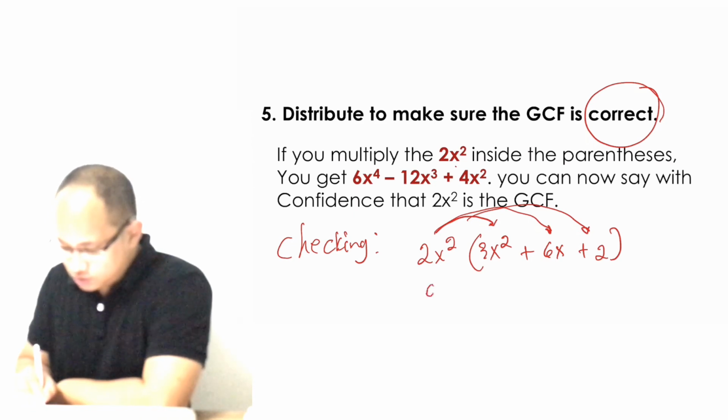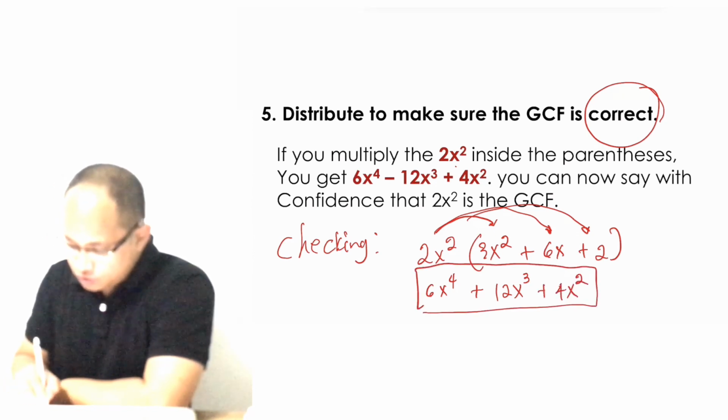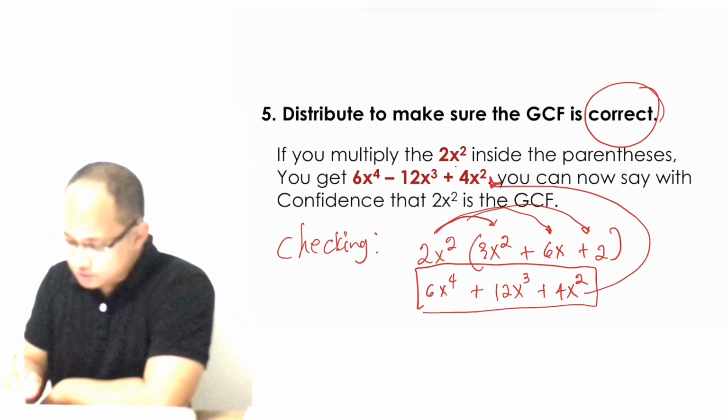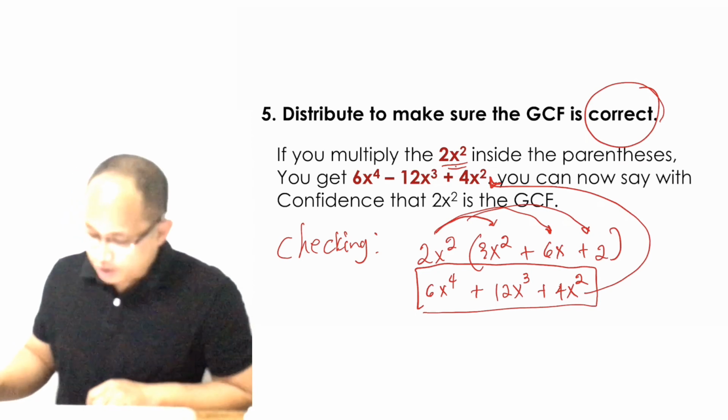So we have 6x to the power of 4, minus, multiply this, it becomes 12x to the power of 3. Next, multiply this, it becomes plus 4x squared. So therefore, this is correct, and our GCF 2x squared is correct.